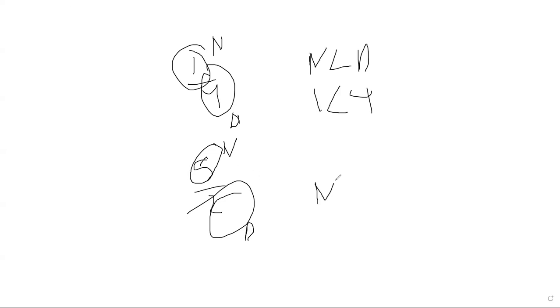As you can see over here, the numerator is greater than the denominator. 5 is the numerator and 2 is the denominator. So here 5 is greater than 2, so it is true to say that this is an improper fraction.